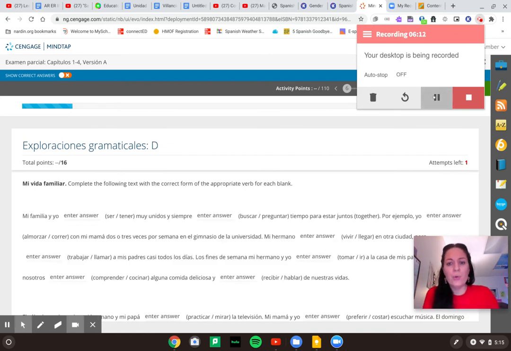In this section, you have to decide between two verbs, which one you would use. So, for example, when it says mi familia y yo, we have to be able to conjugate those verbs too. So you want to be able to say soy or eres or es or somos or sois or son for ser. And then tengo, tienes, tiene, tenemos, tenéis, tienen. So muy unidos is very united.